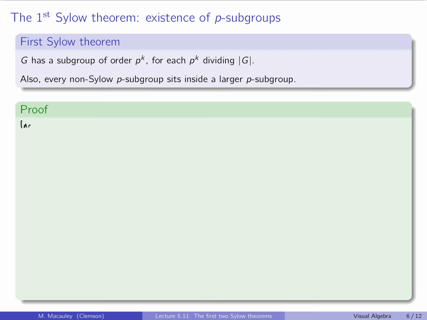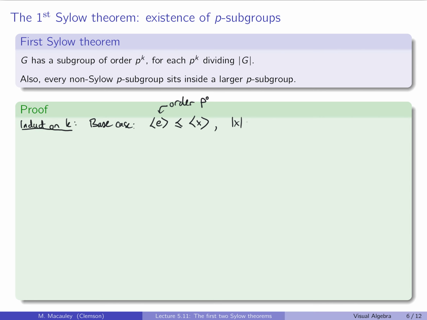We will induct on k, which is the exponent of p. So the base case, the trivial subgroup has order p to the 0 and is contained in, well, a cyclic subgroup of order p, because we know there is an element of order p.